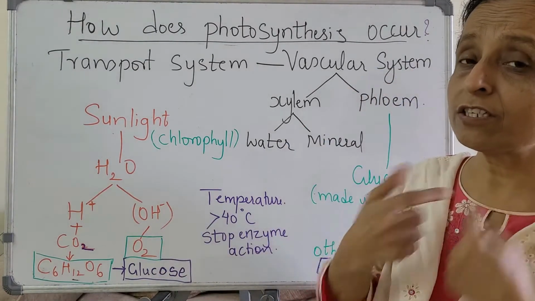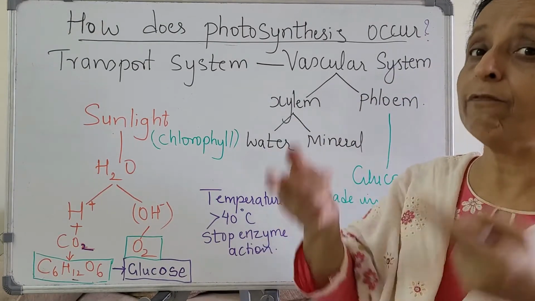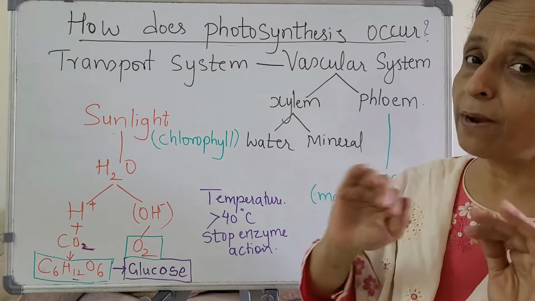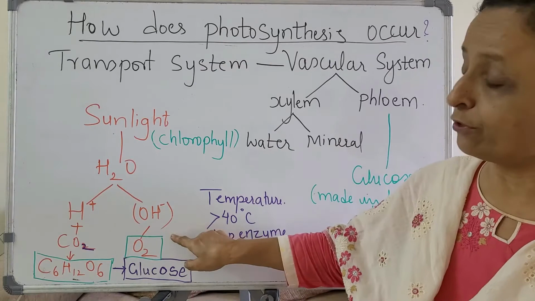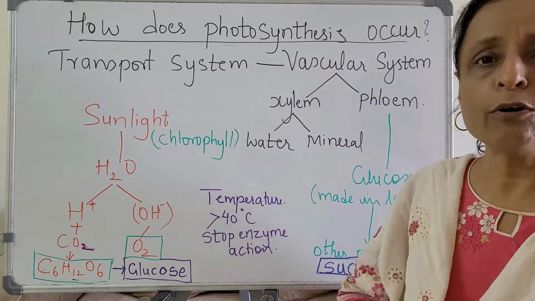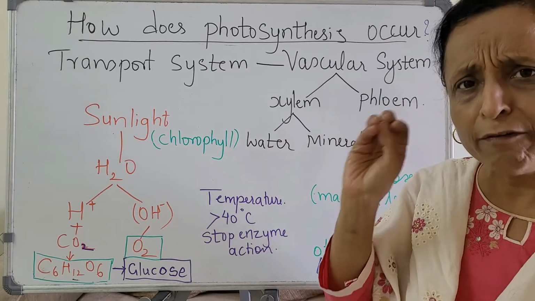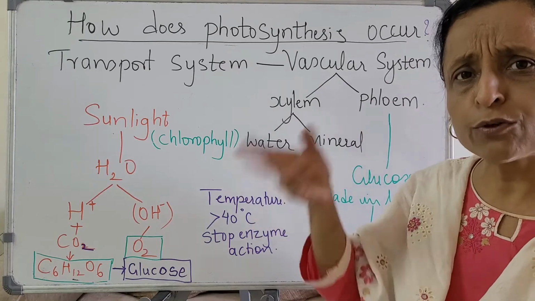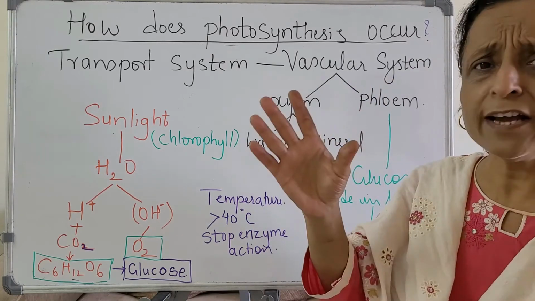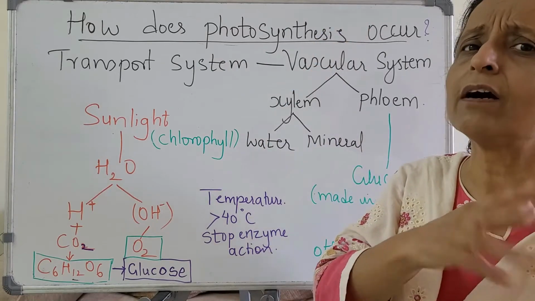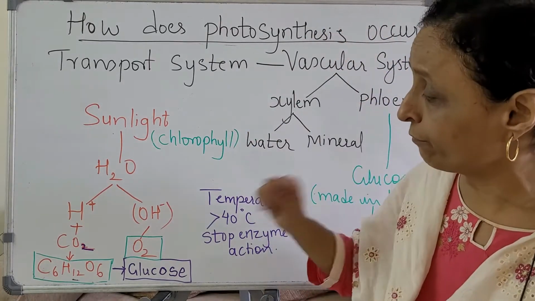This is the oxygen which we breathe in, we require for respiration. Plants and animals both require oxygen for respiration. Some will remain for the plant's respiration also, but most of it is formed at a very high speed, so most of it will come out into the atmosphere.